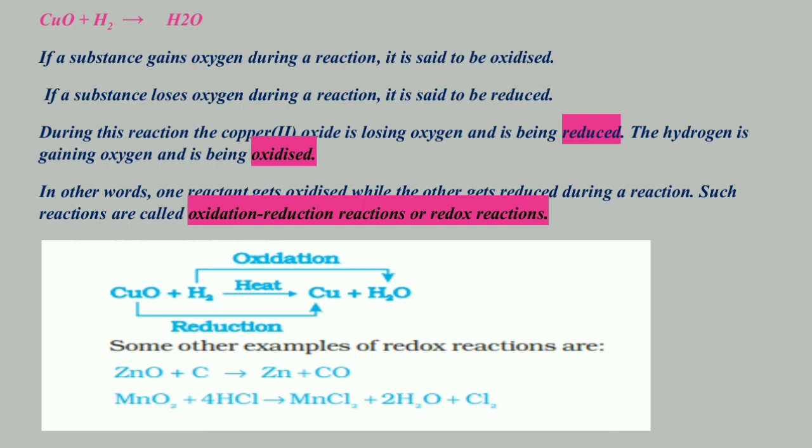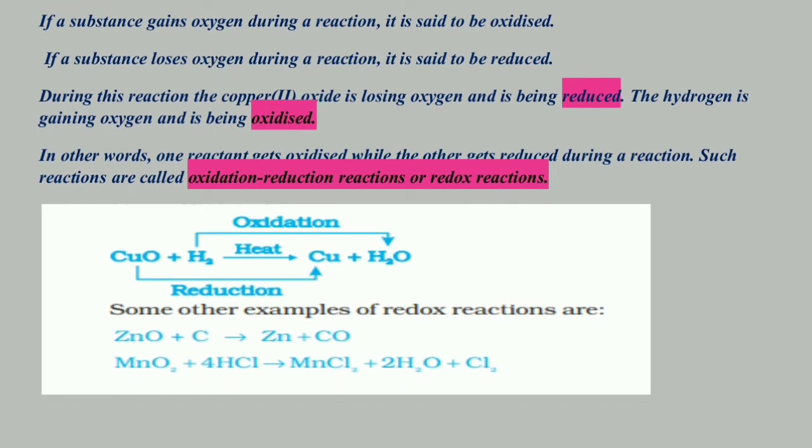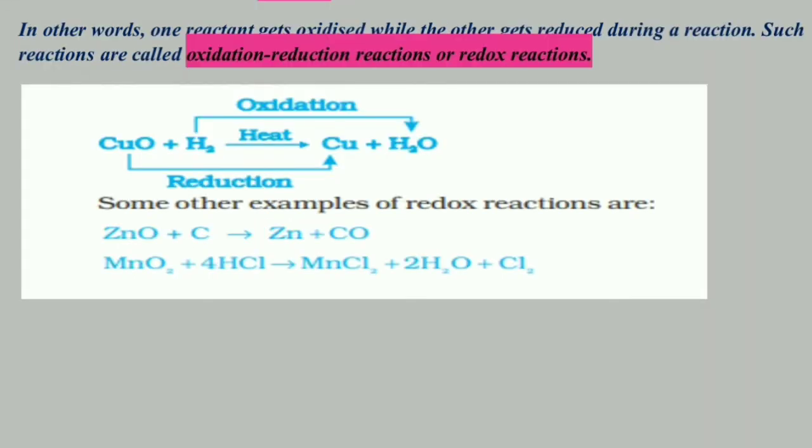We can clearly see in this diagram that Cu is reduced by losing oxygen and hydrogen is oxidized by gaining oxygen atoms. So it will be CuO plus H2 makes Cu plus H2O. There are some more reactions: ZnO plus C, in which Zn is reduced by losing oxygen and carbon is oxidized by gaining oxygen atoms.